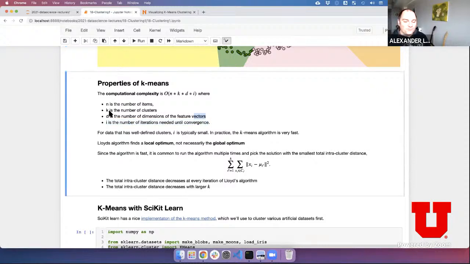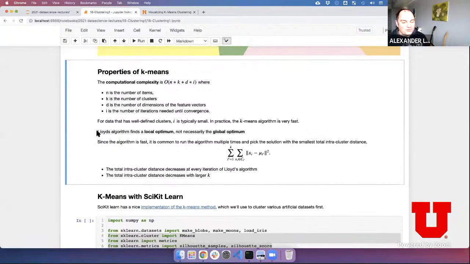And you can't really predict I ahead of time. So I is the tricky part here, but for data that does have well-defined clusters, I is typically very small. And so in practice, k-means is very fast.